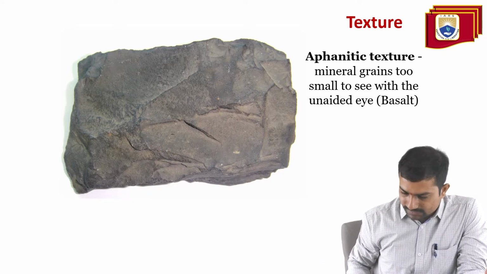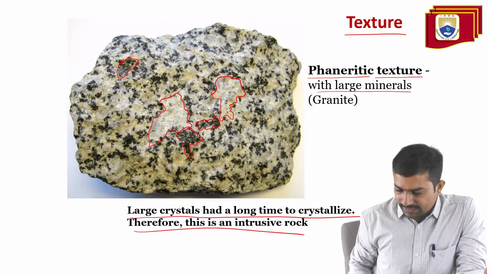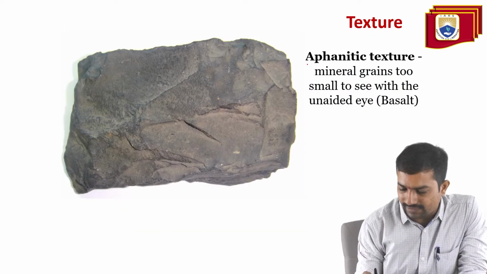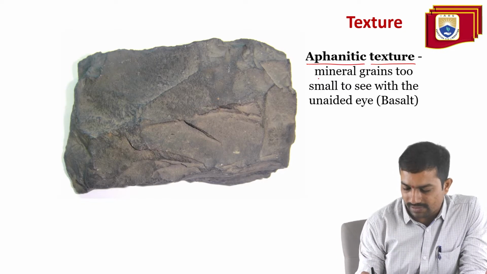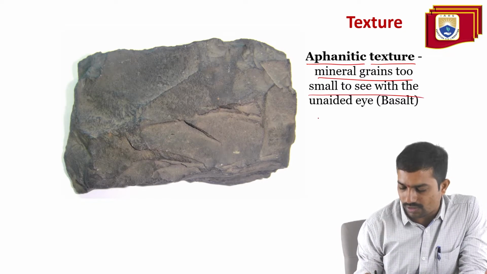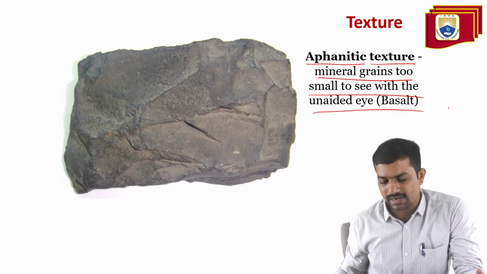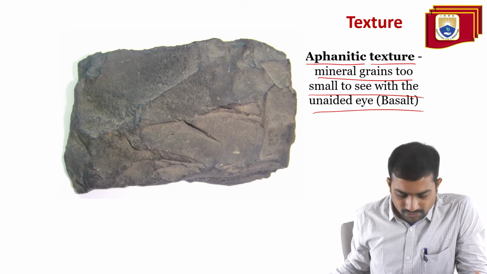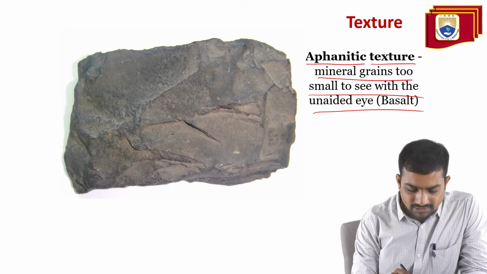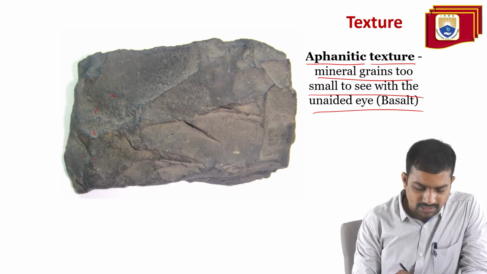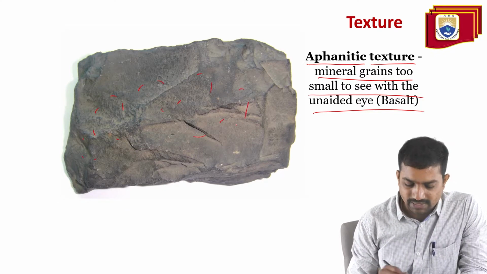So earlier we have seen phaneritic structure. This is an aphanitic structure, which has mineral grains too small to see with an unaided eye. So this particular rock has many small minerals that we cannot see with the naked eye.